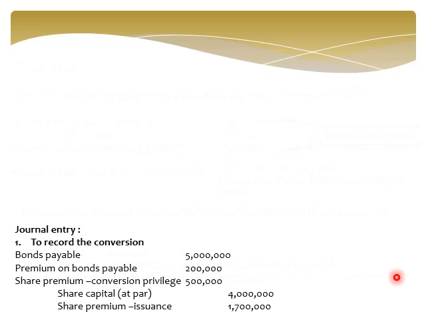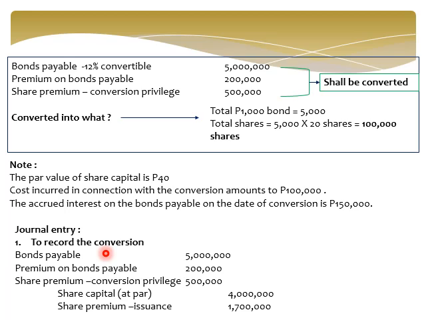So, our journal entry to record the conversion: debit bonds payable 5 million. Kailangan na natin to i-cancel. Bakit i-cancel to? I-cancel to kasi nga i-convert na natin. Debit premium on bonds payable 200,000.